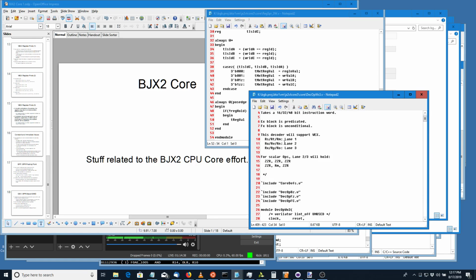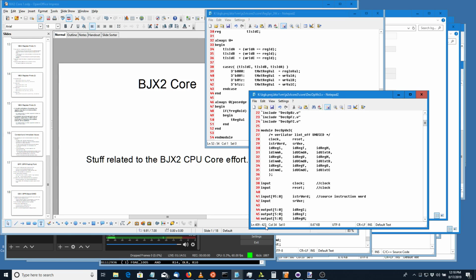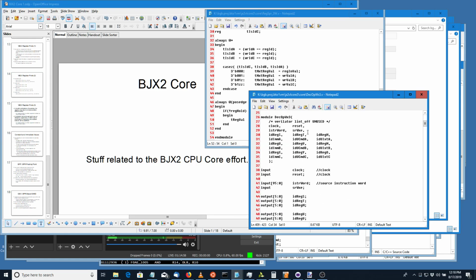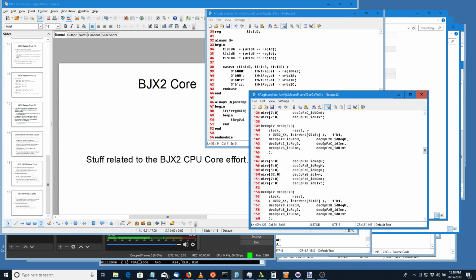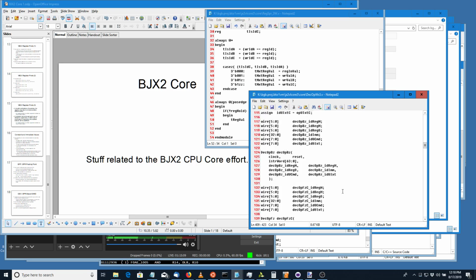The 3-lane decoder produces the outputs for the lanes, and it's about 423 lines for this main module, just invoking the other decoders for the other parts of the operation.